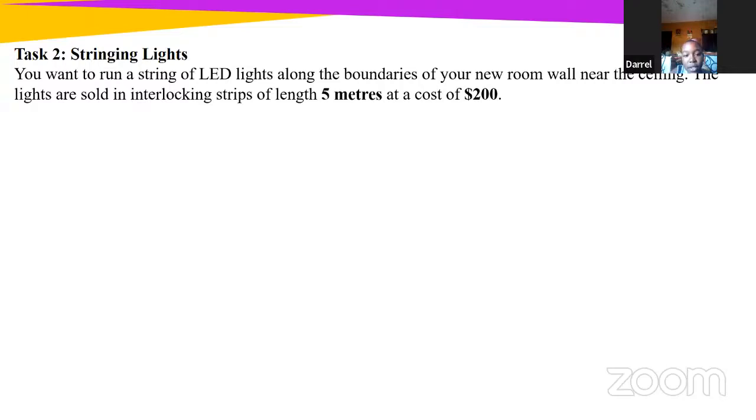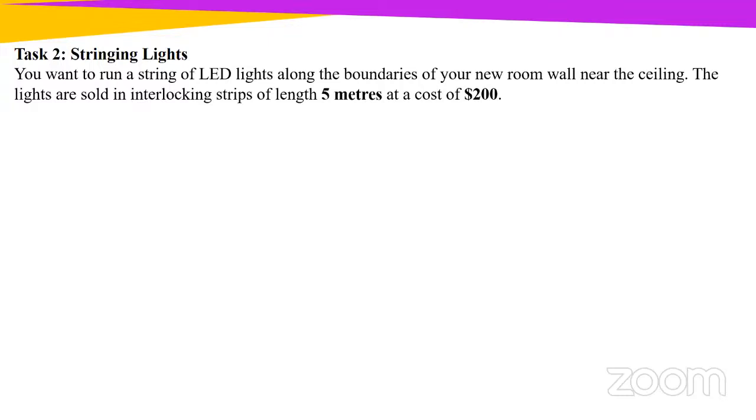What did you say the question was again, Miss? I want you to tell me your understanding of the sentences. Someone shared earlier that they're talking about boundaries, so we have to be finding the perimeter. And there's another sentence that says the lights are sold in interlocking strips of length 5 meters at a cost of $200.